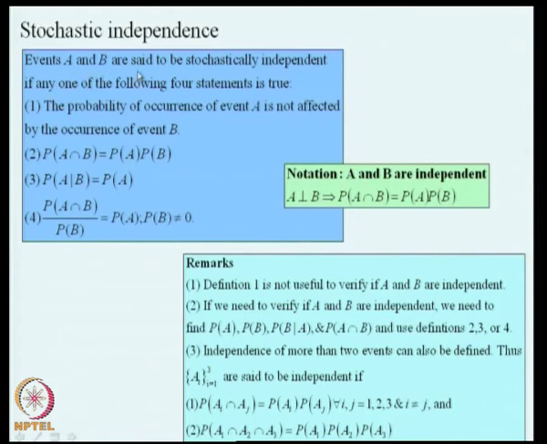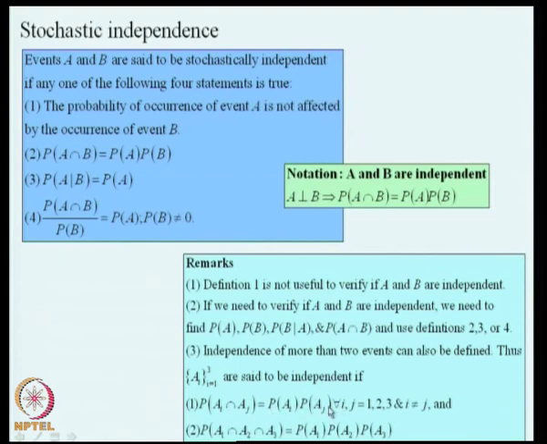We can extend this definition to independence of more than two events. Suppose we consider three events A1, A2, A3. We say that the events A1, A2, A3 are independent if the probability of Ai intersection Aj is the probability of Ai times the probability of Aj for i, j equal to 1, 2, 3. That means for any pair of A1, A2, A3 you take, this identity should be valid.